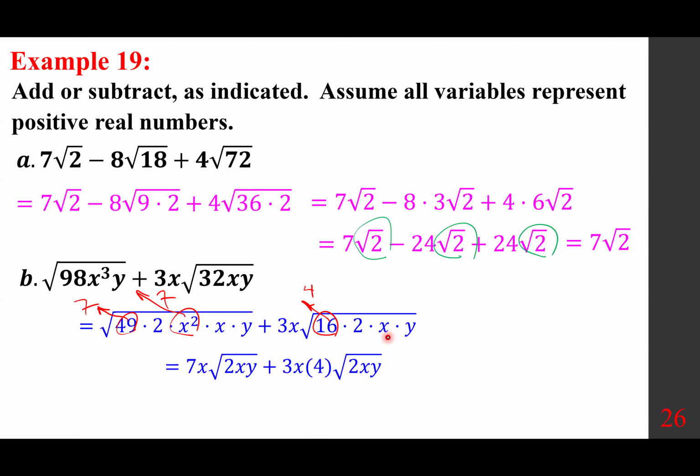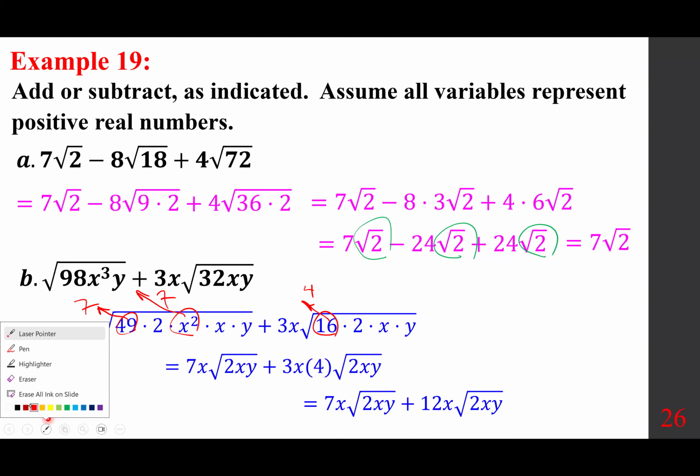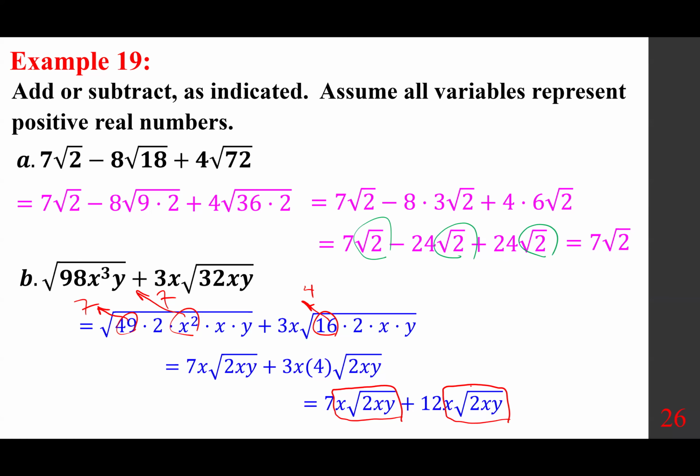So you have 7x squared times the square root of 2xy, plus 3x times 4, 12x, square root of 2xy. So again, notice now this part and this part, they are identical.